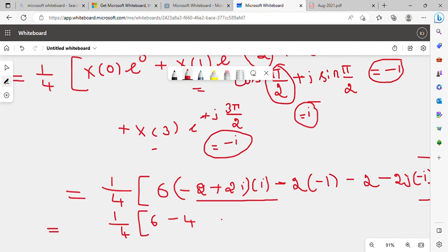Right? So now I'll take it as minus plus 2, and here if I substitute minus 2 minus 2i into minus i, what do I get? I get minus 4 once again, right? I'll just substitute minus 4 over here. If I do that, just a minute students, this is plus 2i, right?